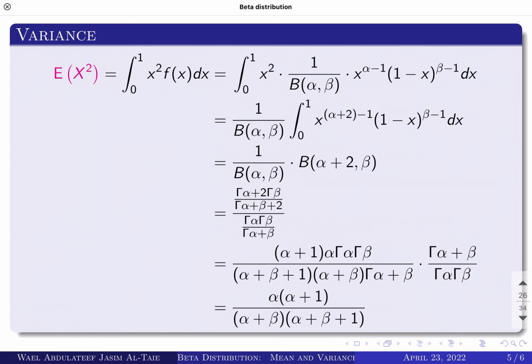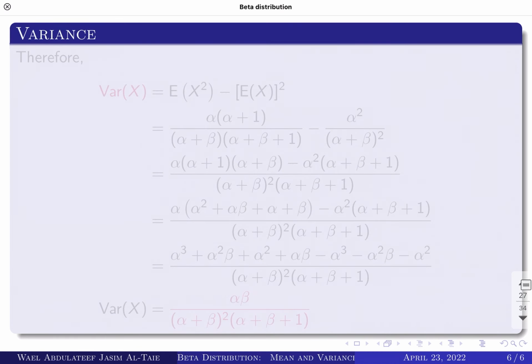Now we can simplify this more. Gamma of alpha cancels with gamma of alpha, gamma of beta cancels, and gamma of alpha plus beta cancels. So we are left with alpha times alpha plus 1 in the numerator, divided by alpha plus beta times alpha plus beta plus 1.